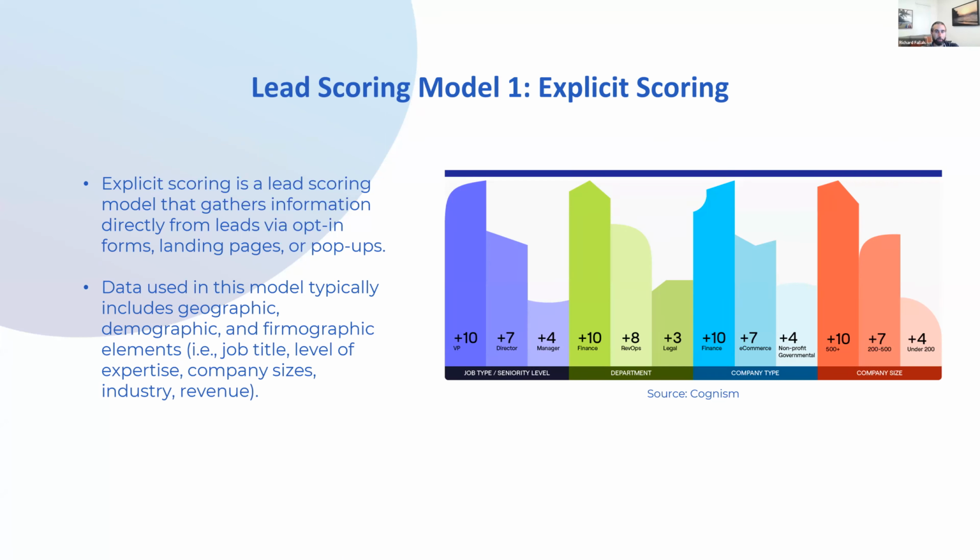Typically, because I'm gathering this information from an explicit sign-up or input, I can score people based on the geographic details, where they're from, demographic information, firmographic, their company details, like job title, level, expertise, revenue, and so on.